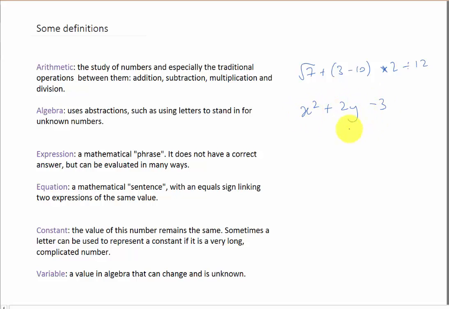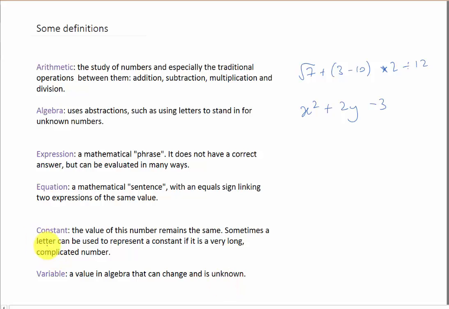So here we've got the x and the y, which are standing in for numbers that we don't know. So as I say, maybe we just need to work them out, or maybe x and y can stand for lots of different things. And so the x and y, we call those variables, which is a value within algebra that can change and is unknown.